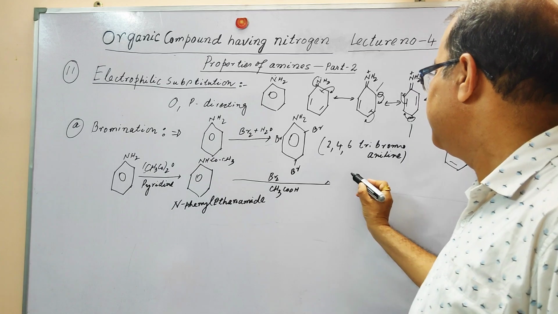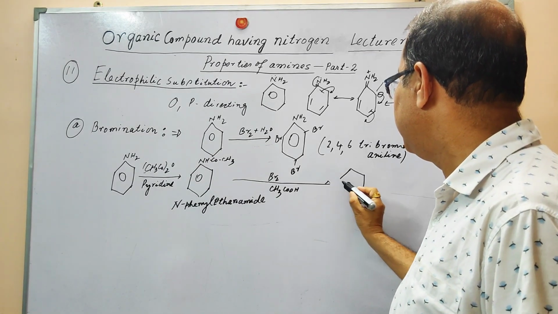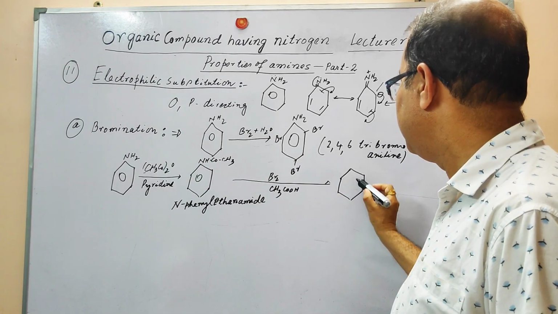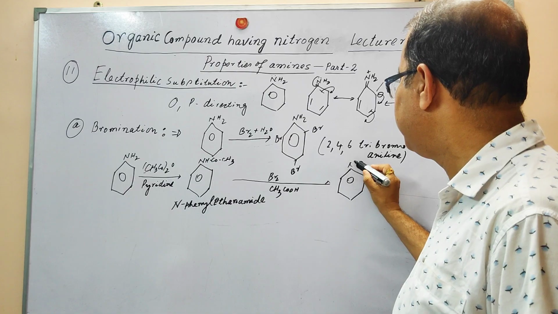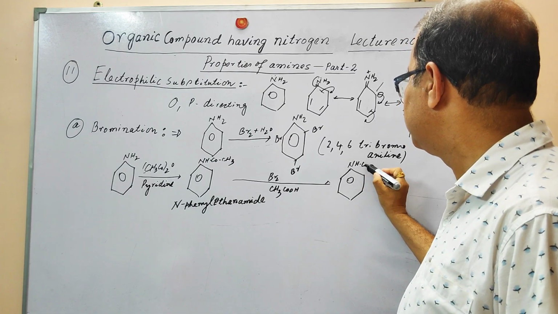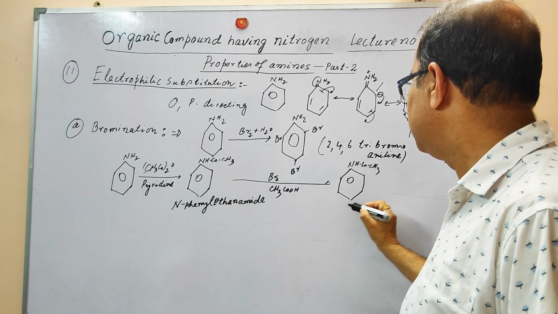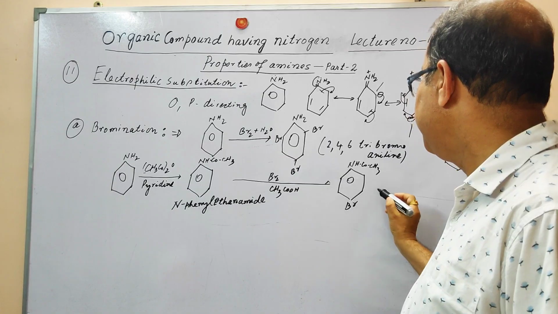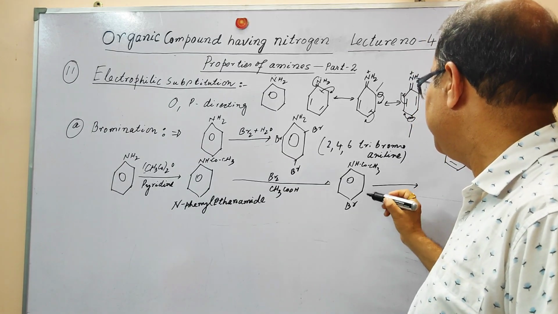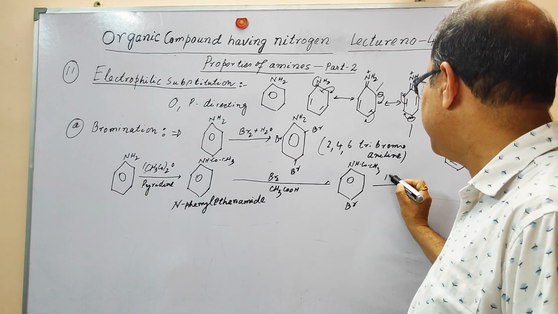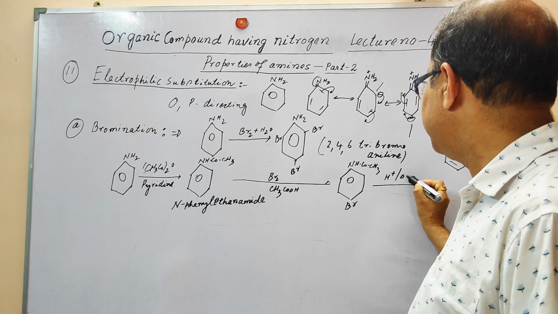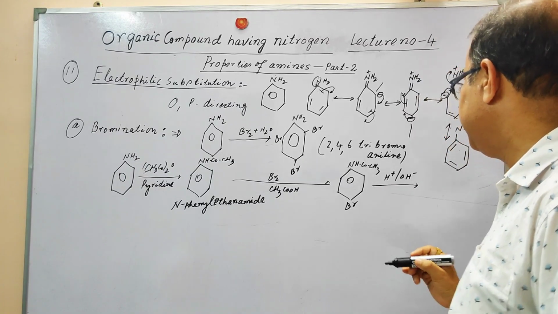After that we have to do the bromination with acetic acid, and it will produce the major product, the para-bromo product. Then we have to hydrolyze in either acidic or alkaline conditions.